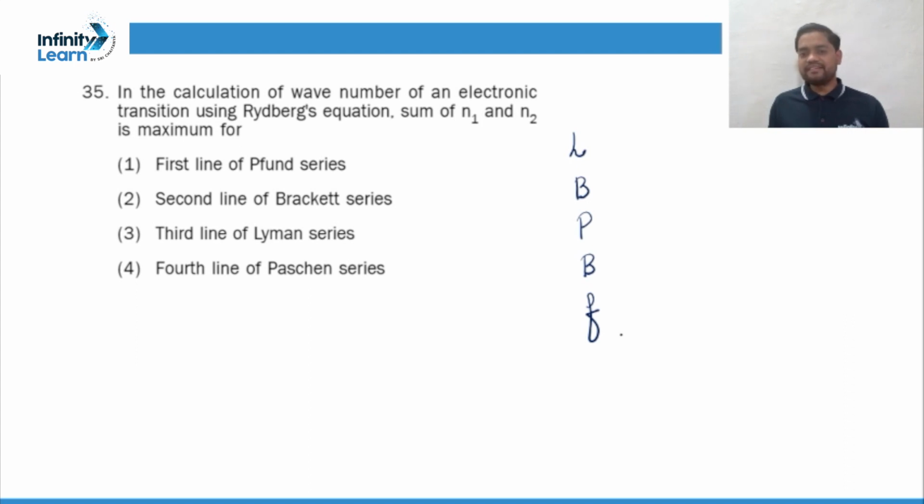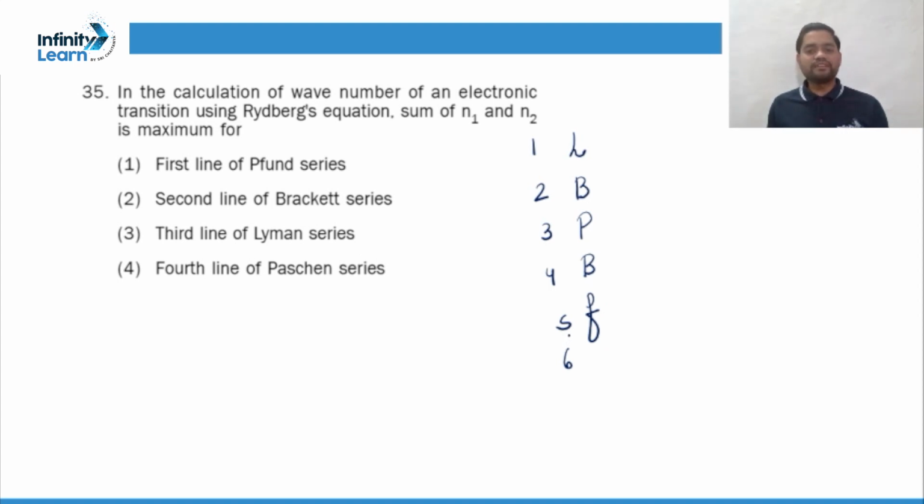So n1 is 1, 2, 3, 4, 5. Clear? So it is 5. First line is what? n2 will be what? From 6.